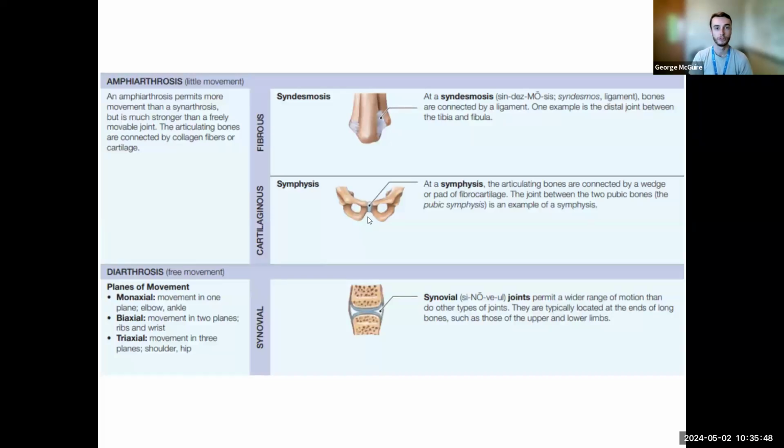This really doesn't want to move very much, but needs to be a little bit flexible in order to deal with the stress or load or movement being so low in our body and having so much weight compressed onto it. So that cartilaginous symphysis allows for a little bit of flexion and stretch, but overall there shouldn't be much movement there. So both of these joint types just have a little bit of movement.